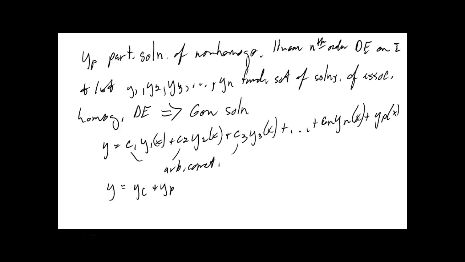So let's look at example 10. Let's clear the slide and do example 10. Here's what they say, and again, they're not telling you how they got it. To me, this seems almost backwards. But here's a y sub p, and they're telling you this is going to be a particular solution, is equal to minus 11/12 minus 1/2 x.